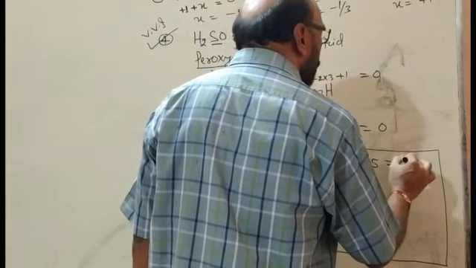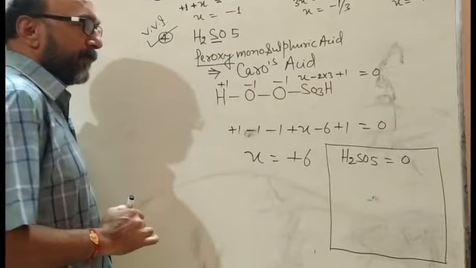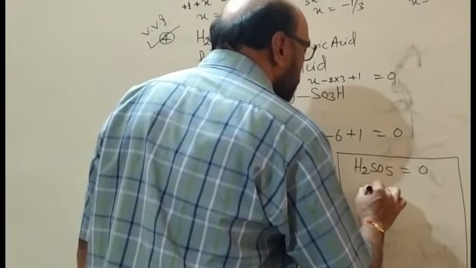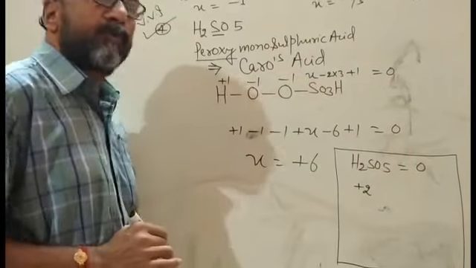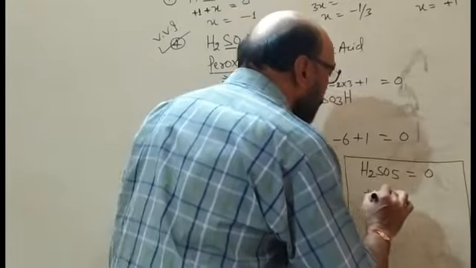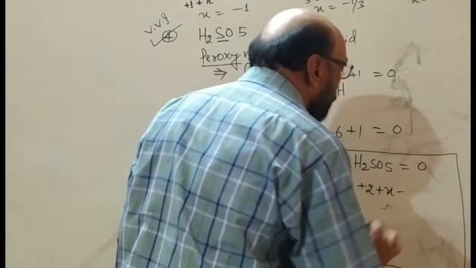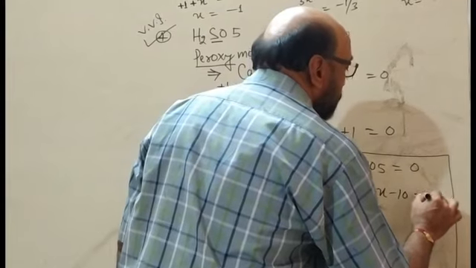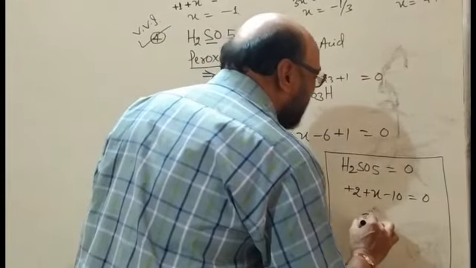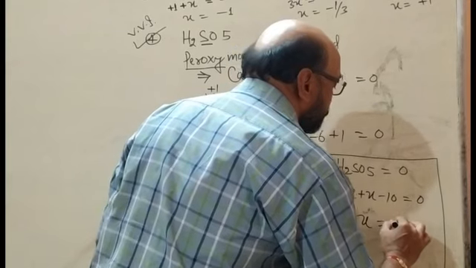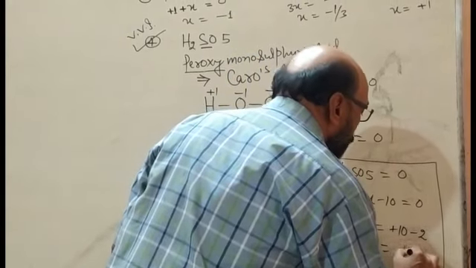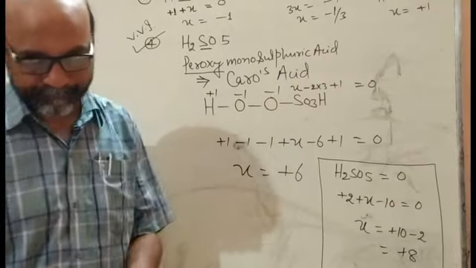H2SO5, like all general compounds, if we calculate the oxidation state of sulfur, we shall use +2 for 2 hydrogen atoms, plus X for sulfur, and -10 for 5 oxygen is equal to 0. X is equal to how much? +10 -2 is equal to +8.